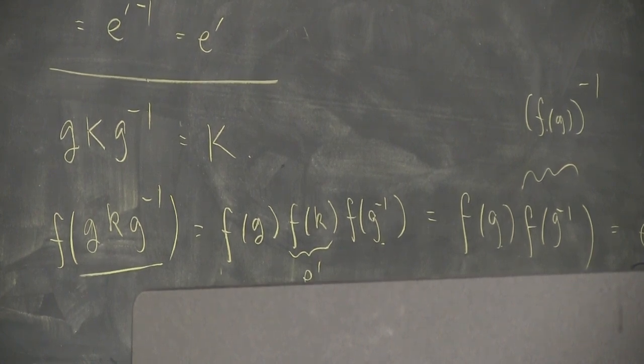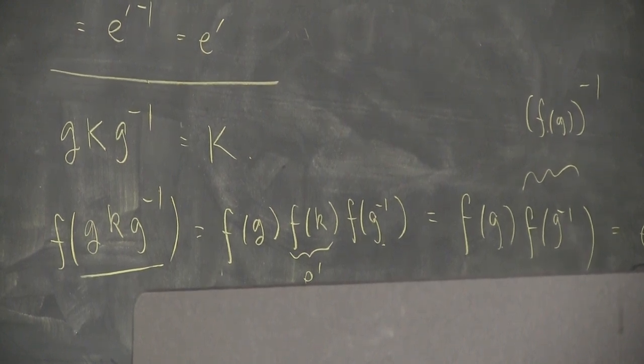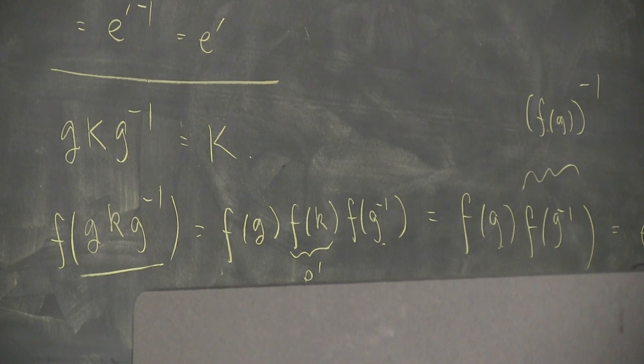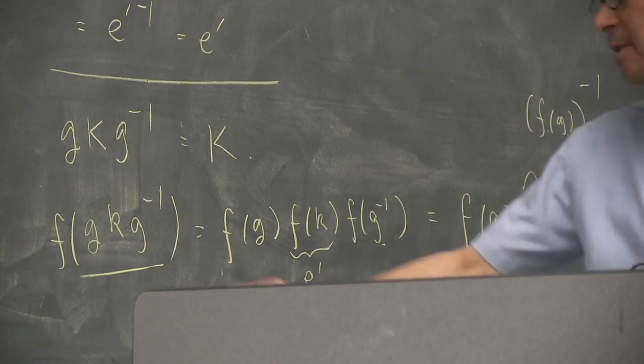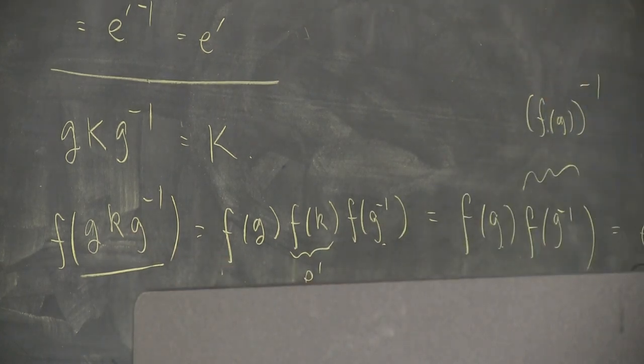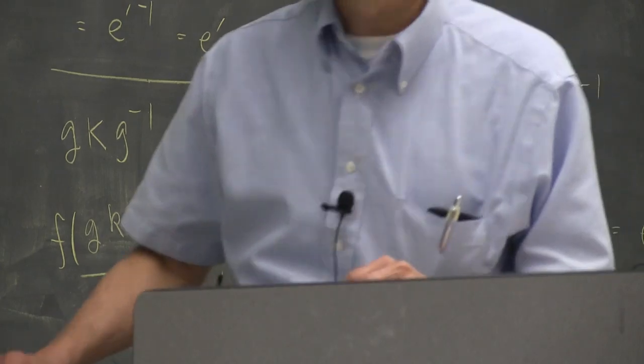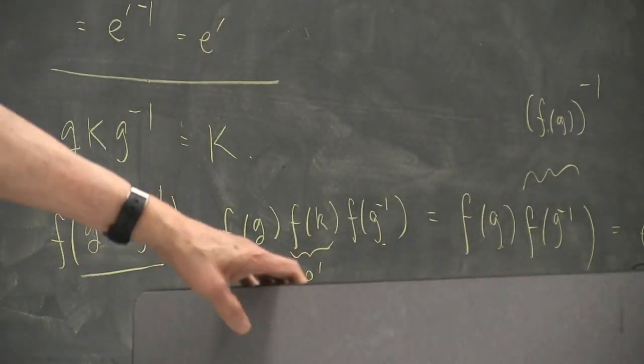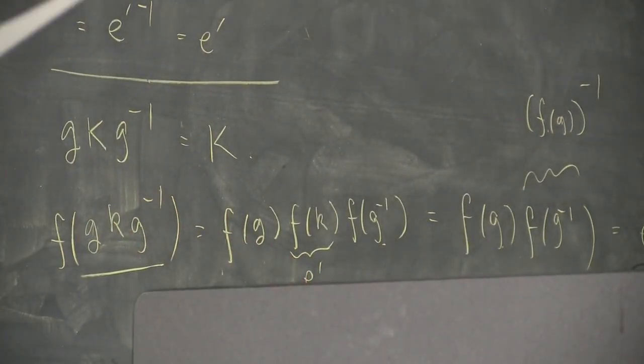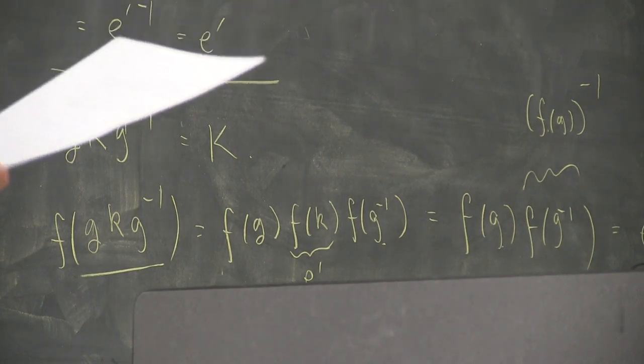Here g doesn't necessarily have to be within the kernel; g is any element. g times k times g inverse is in the kernel if k is in the kernel, for any g. So we have proved that this is a normal subgroup.